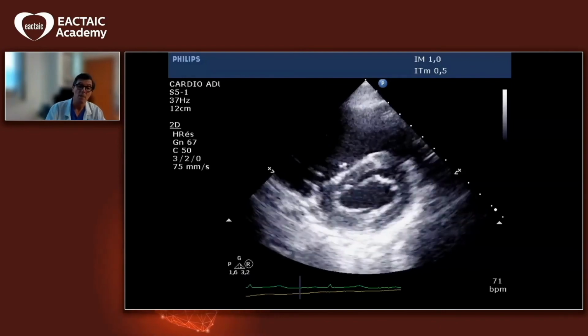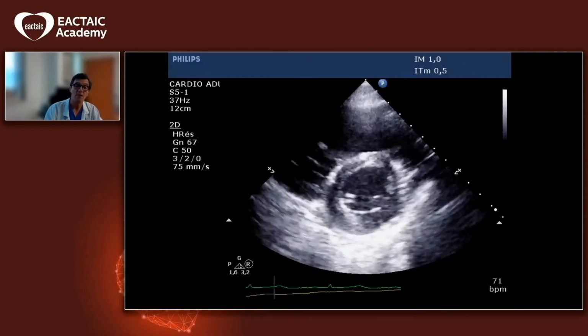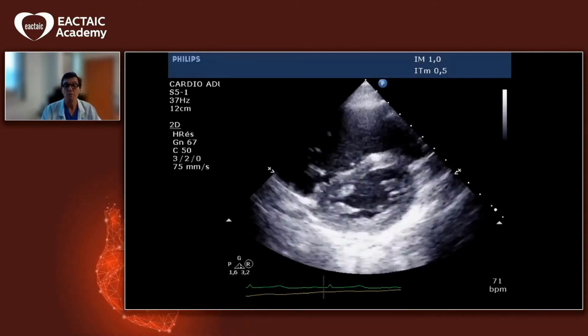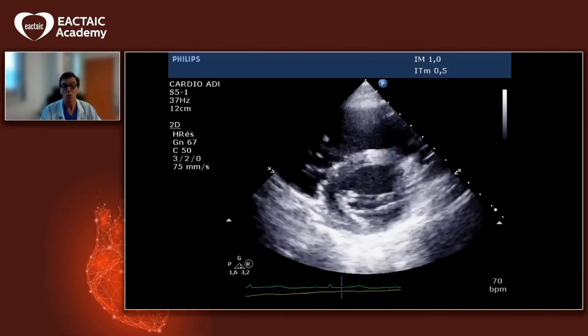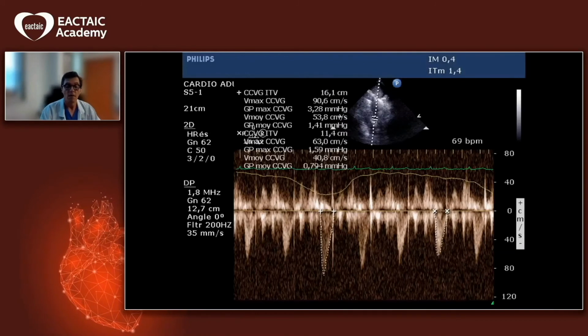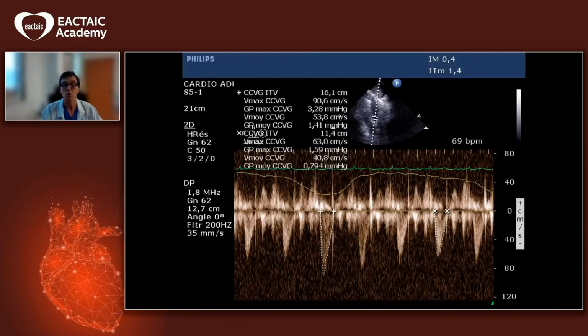This is an example of a patient with a largely dilated right ventricle and paradoxical septal motion, representing the ultimate stage of right ventricular failure called acute cor pulmonale. This patient exhibits variation in his left ventricular stroke volume.